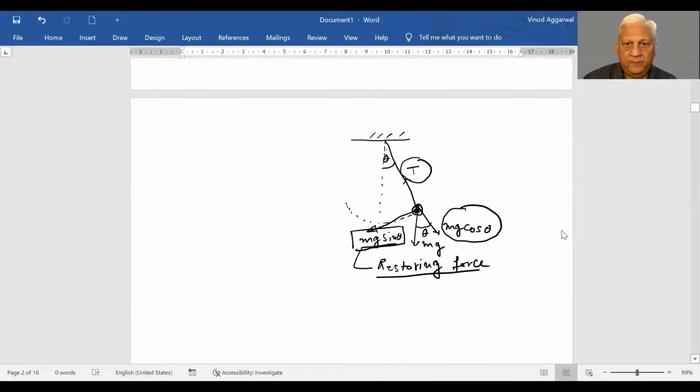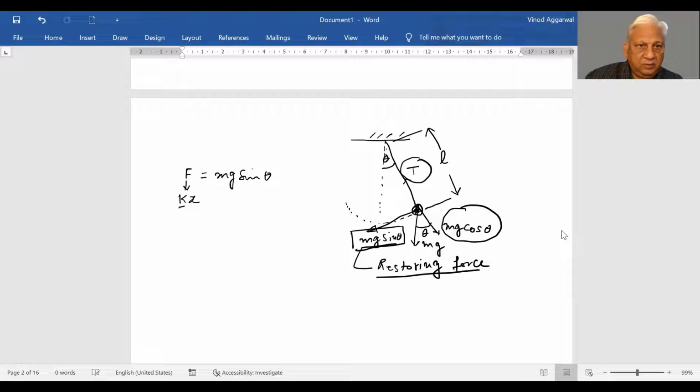Now, assuming that the length of the pendulum is L, then our restoring force F is mg sin theta. If we express our force in terms of constant times displacement, this is equal to mg sin theta, and sin theta is what?